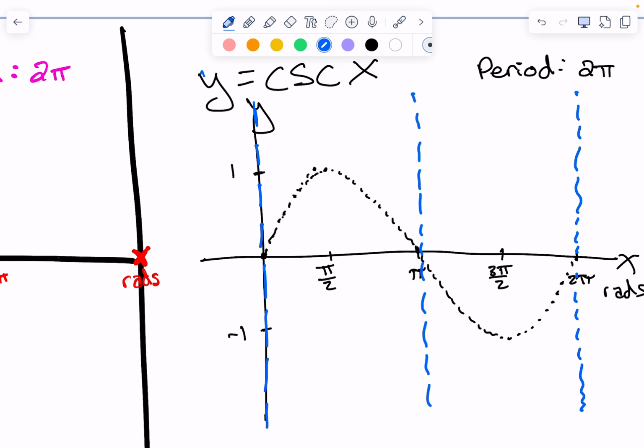Those need to be put into place. Now, where do the vertical asymptotes live? 0, pi, wherever sine crosses the x-axis. But what if we move them up or down? It's wherever sine crosses the midline, right? So it's wherever he touches the middle line, which for now is the x-axis. If we move him up, it'll be where he touches the midline.